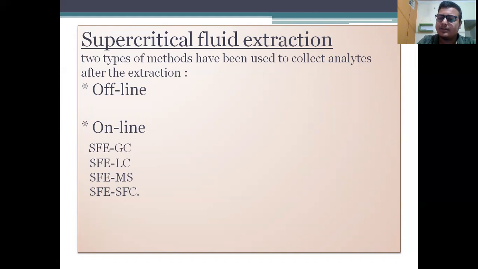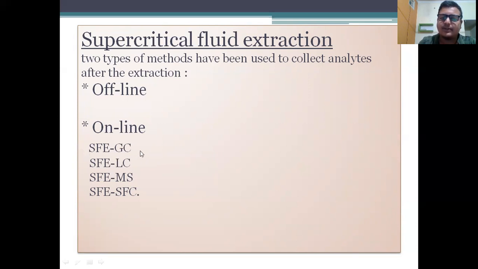In order to quantify and identify the components present in the supercritical fluids, we have to introduce or subject them to various instruments. Coming to online extraction methods, there are many choices of combinations.